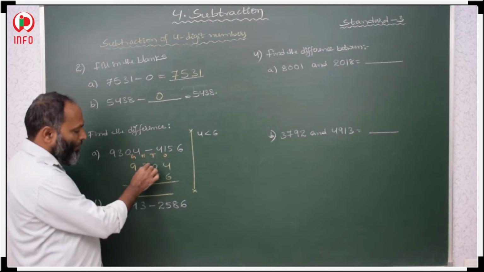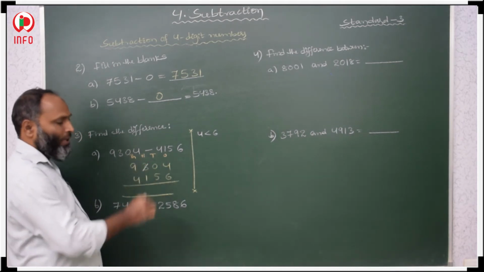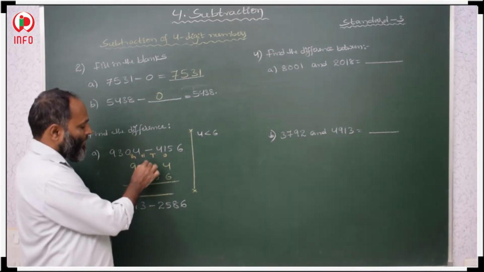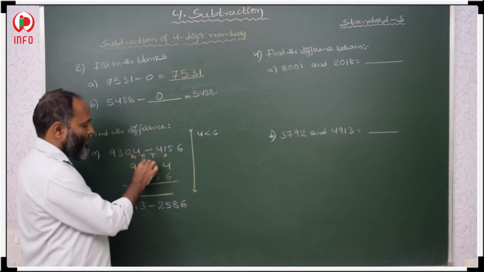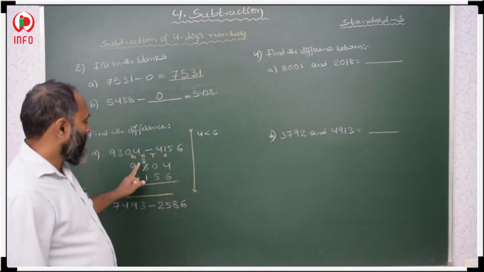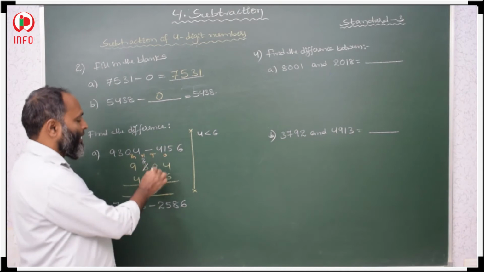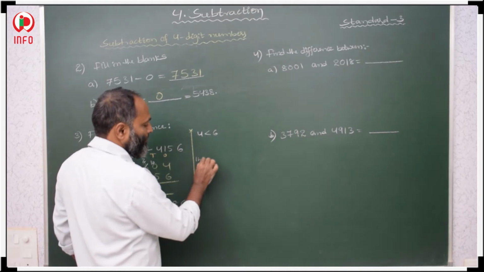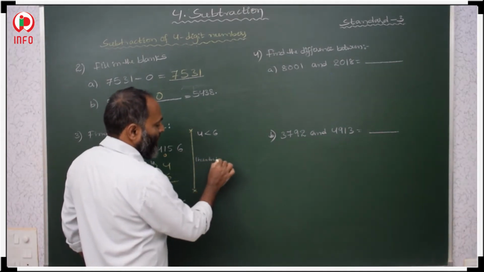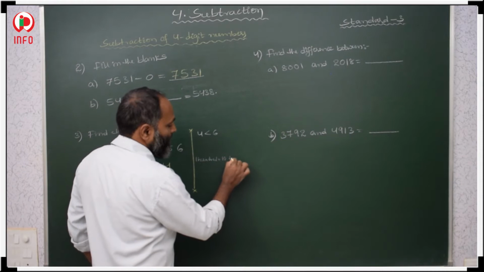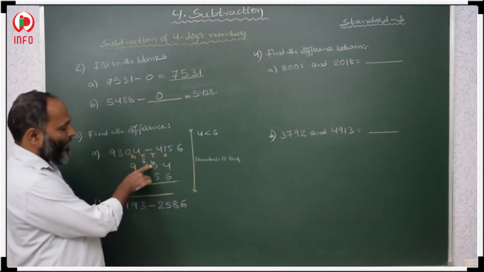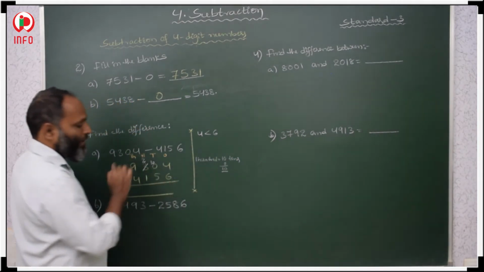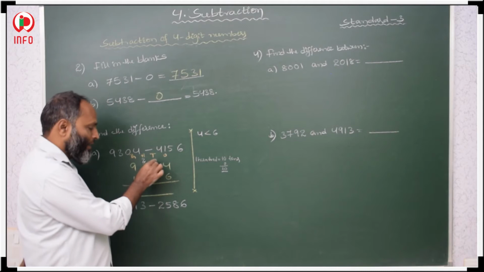Here 3 is there. 3 hundreds are there. Take 100 to this place. So out of 300, if we take 100, we will get 200. 2 hundreds. 100 is equal to 10 tens. 10 plus 0 is 10 only here. Then from here 1 ten we are taking.